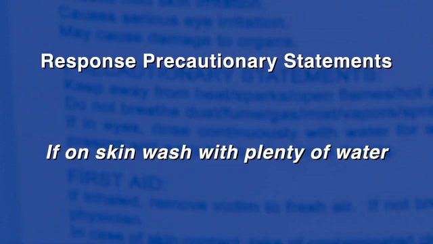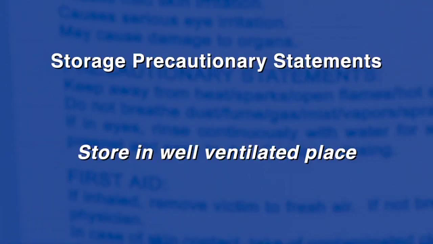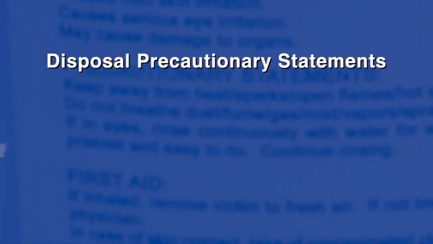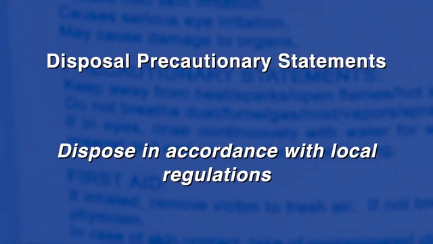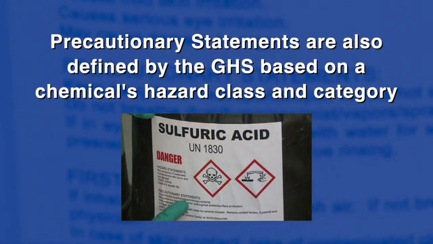Response, such as if on skin, wash with plenty of water. Storage, such as store in well-ventilated place. Disposal, such as dispose in accordance with local regulations. Precautionary statements are also defined by the GHS based on a chemical's hazard class and category.